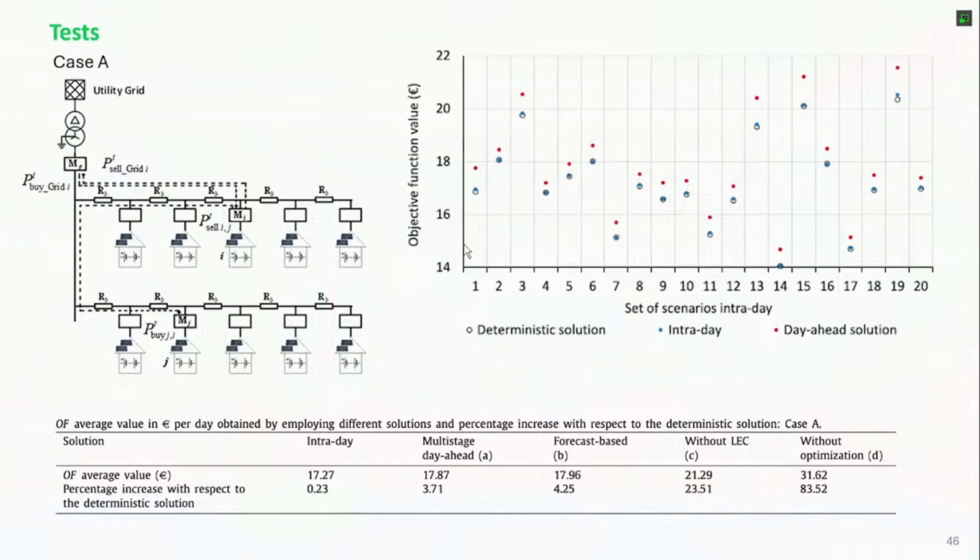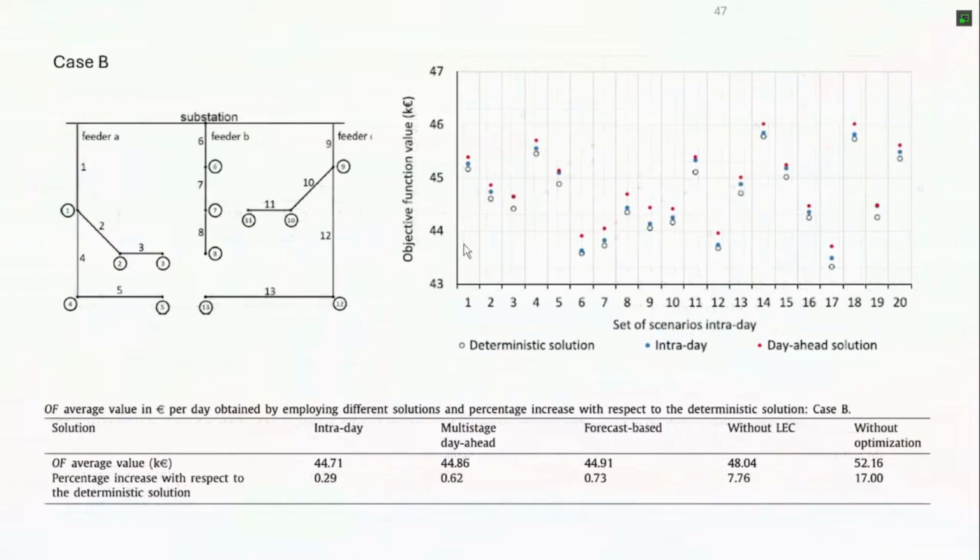This is also in case A, but also with this case there are here the loads, and you see practically the same behavior for almost all the scenarios. There are some scenarios in which we are a little bit in the middle.